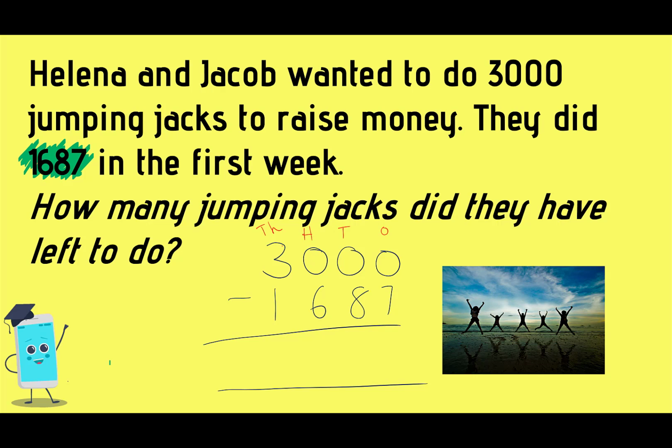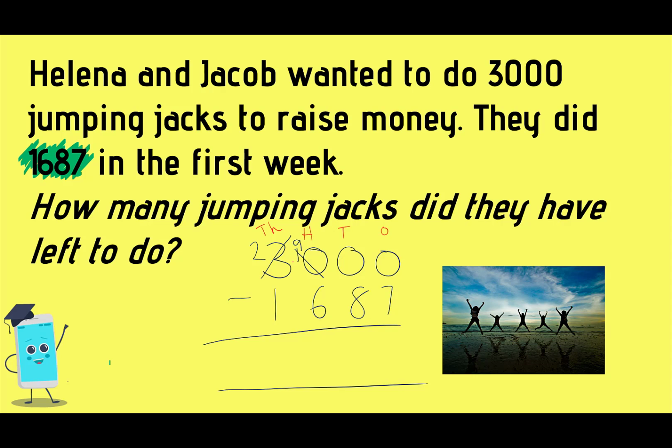So I can borrow 1,000. I'm first of all going to cross it out and write 2,000 because I'm going to borrow my 1,000. The 1,000 that I borrow, I bring it here next to my hundreds. So I've taken 1,000 and I've lent it to my hundreds. In my hundreds, I now have 10 hundreds. Now that I have 10 hundreds, I'm able to borrow. So I'm going to borrow 100.